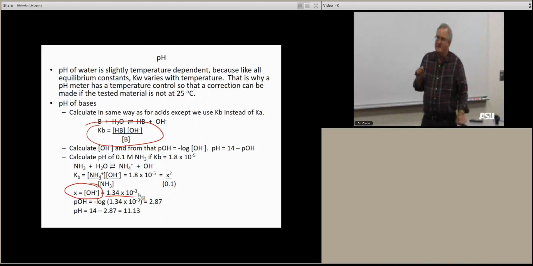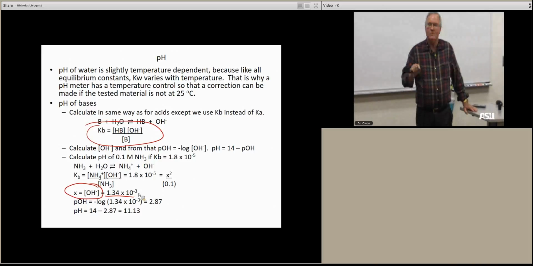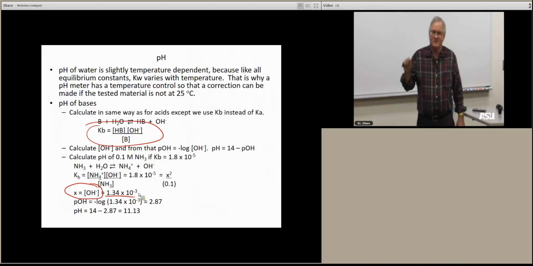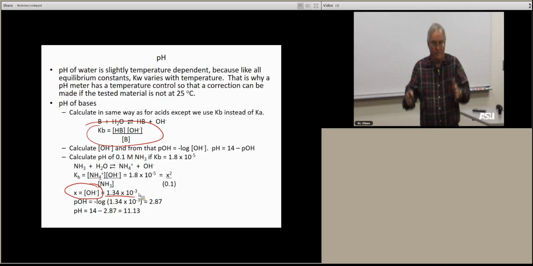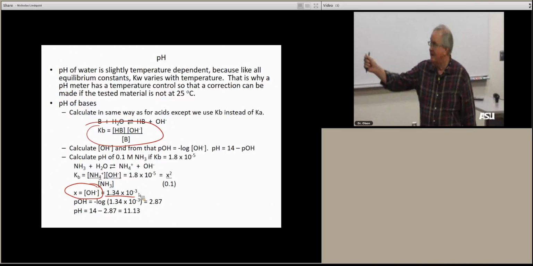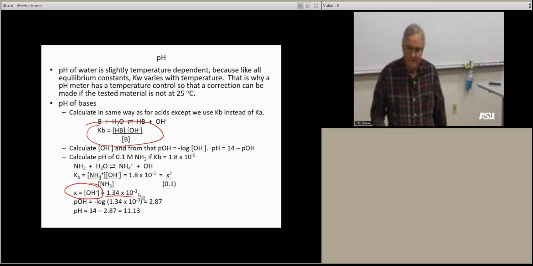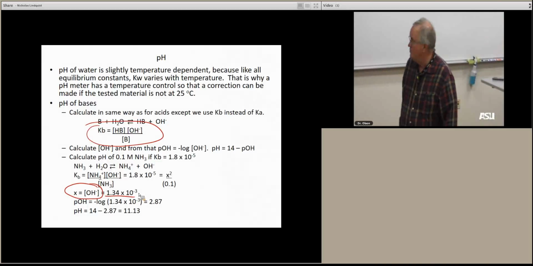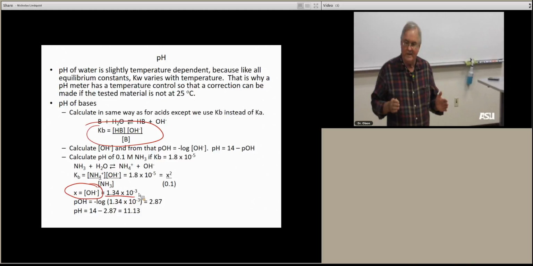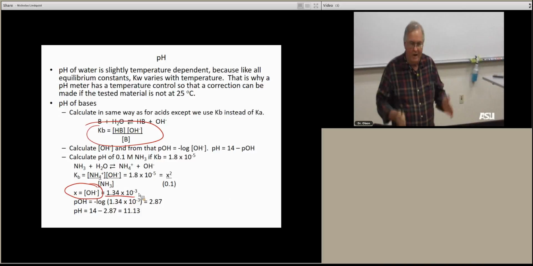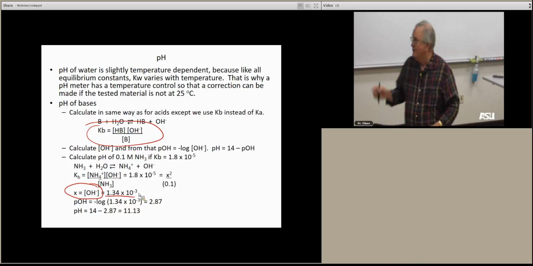So I can calculate pOH, which is the negative logarithm of the hydroxide concentration. Plug in 1.34 times 10 to the minus 3, hit log, and the negative of that is 2.87. So I calculate the pOH first. The pOH is equal to 2.87.